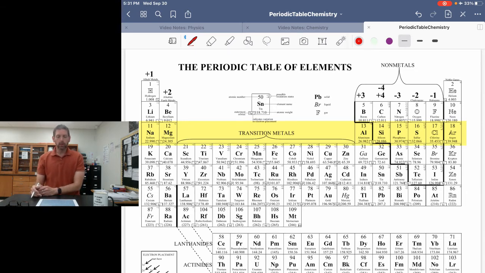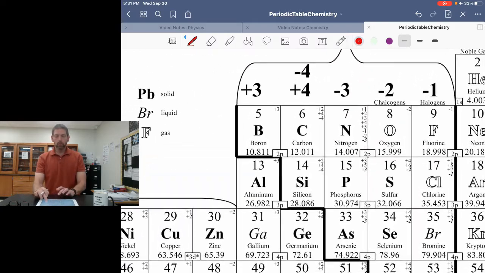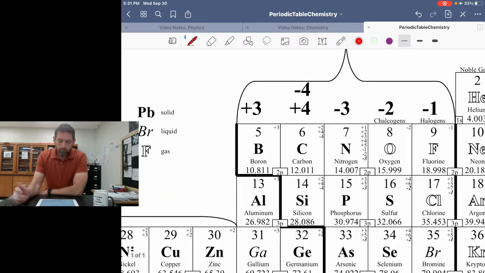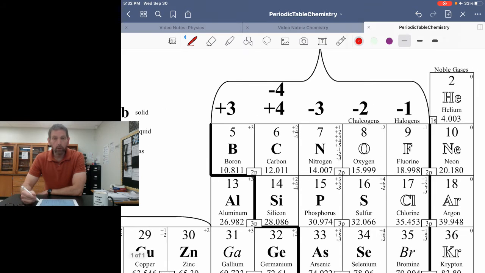So this gets us into talking about oxidation states, right? If you look at those numbers that are on the top of the periodic table, all these numbers that are on the top, we see that 0 right there for the noble gases because they don't need any. Well, by the time we get to fluorine and count all the way across, we have 7 electrons in the second orbital.